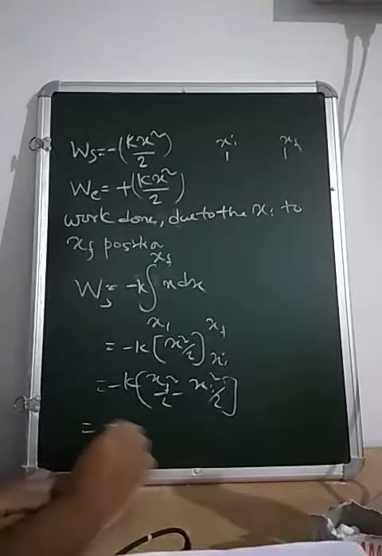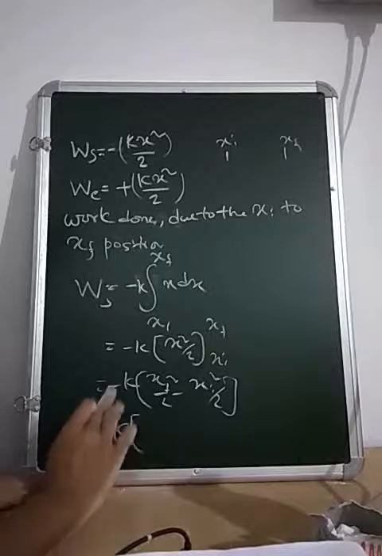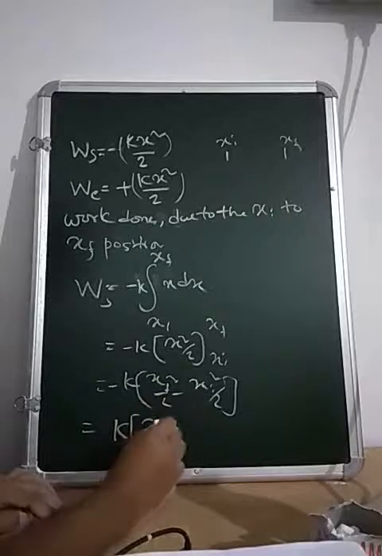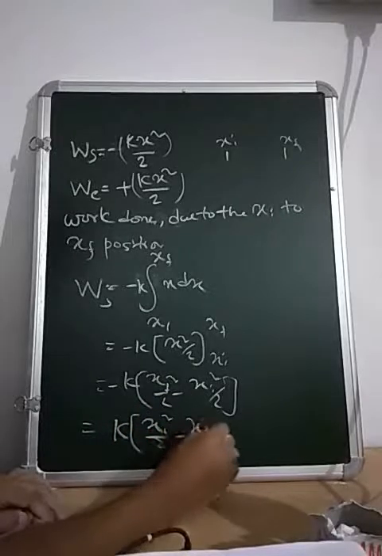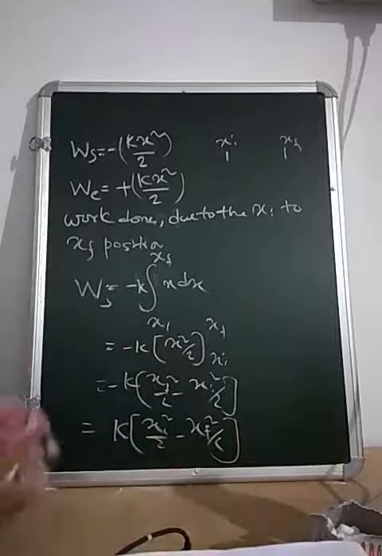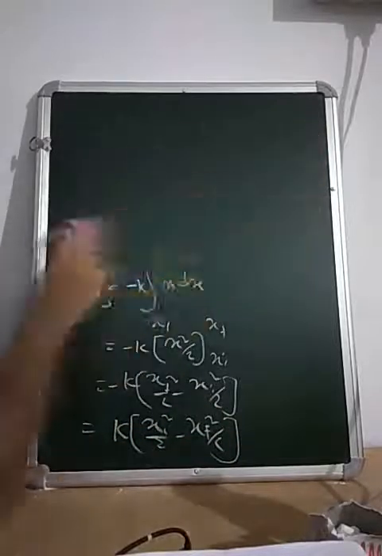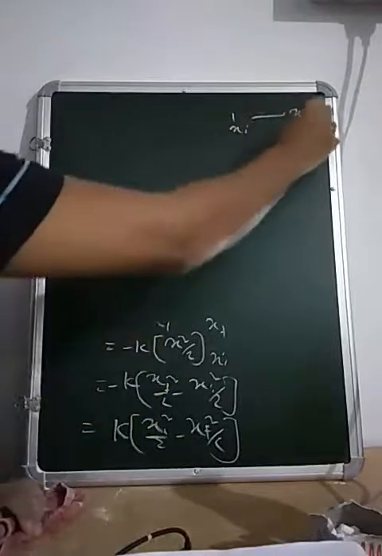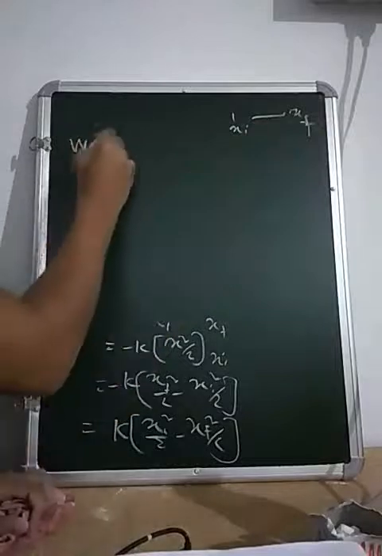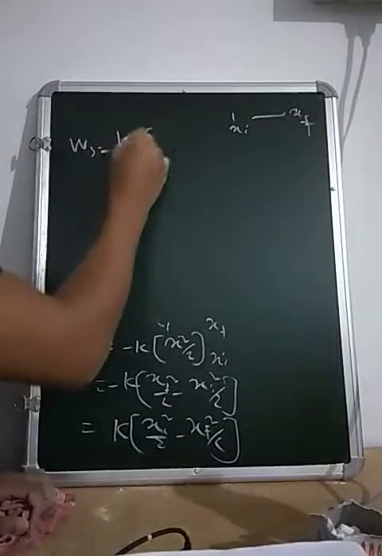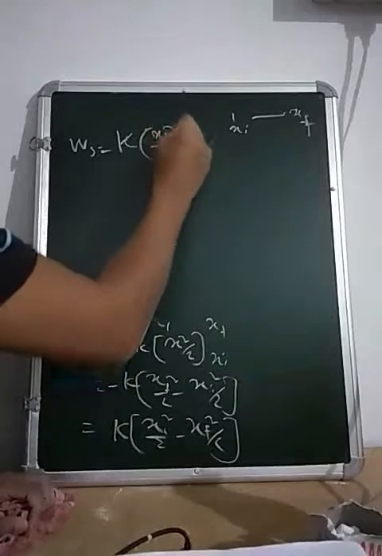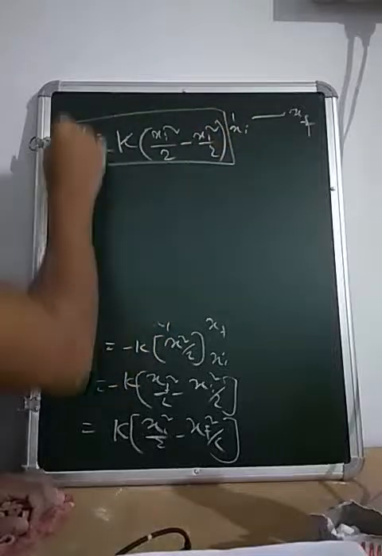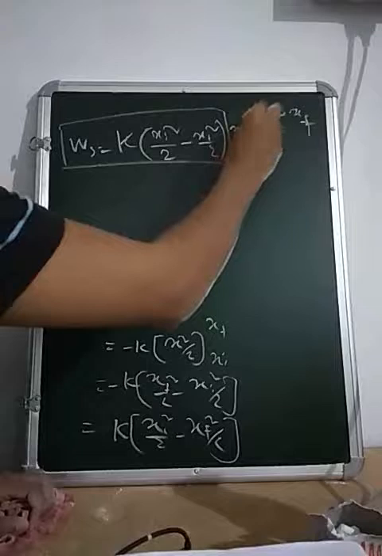If we take this negative sign and put it inside, we get xi square by 2 minus xf square by 2. So due to the displacement of the spring from xi to xf position, the work done by the spring is k into xi square by 2 minus xf square by 2. This is the work done by the spring due to the displacement from xi to xf position.